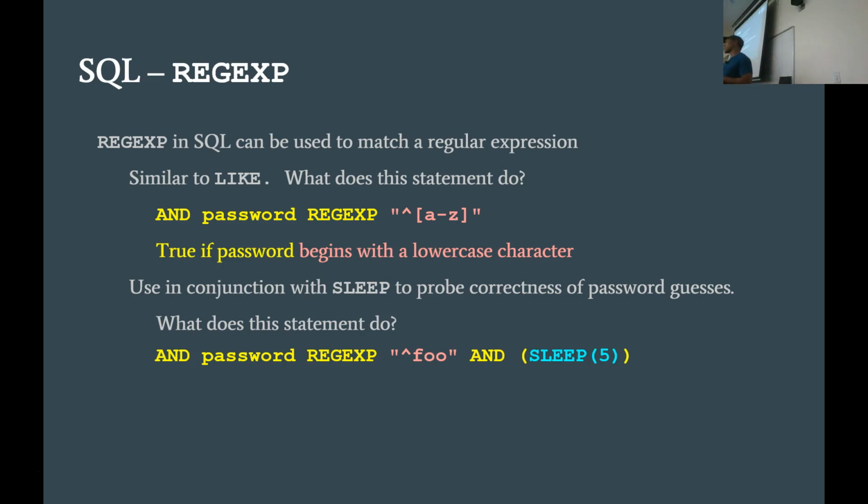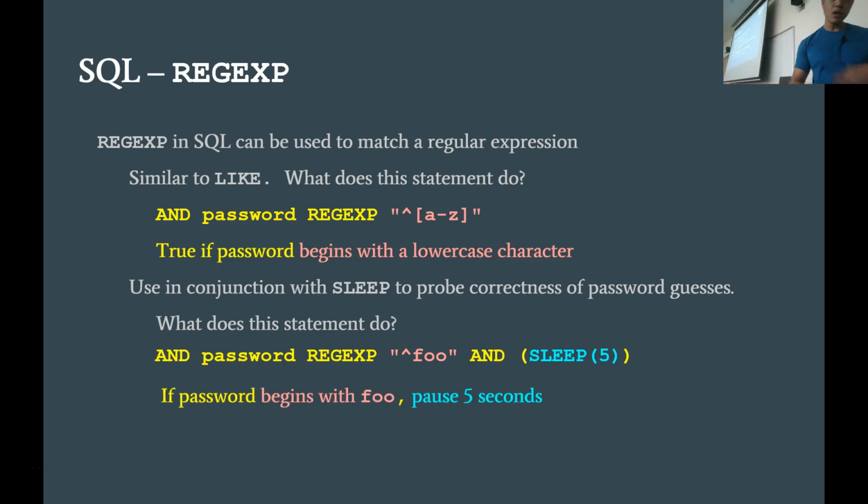And then there's a star operator, a star and a plus for matching arbitrary numbers of characters, or a question mark for a single one. These are regular expressions that you can use in these statements. Okay, so quite powerful. If the password begins with foo, pause 5 seconds is what that predicate turns into.